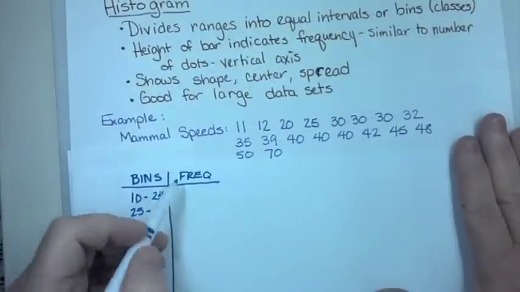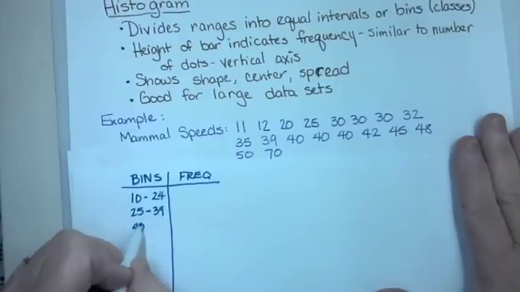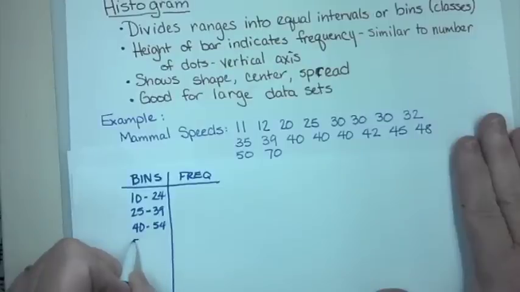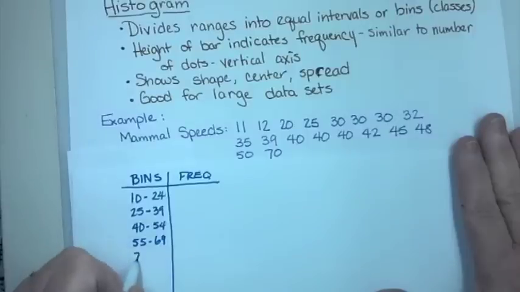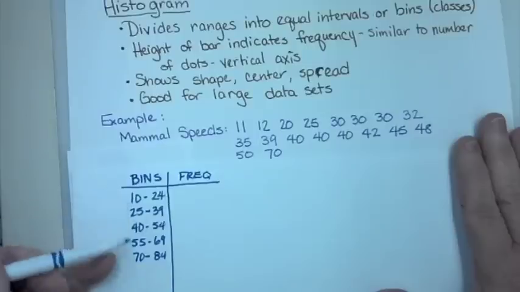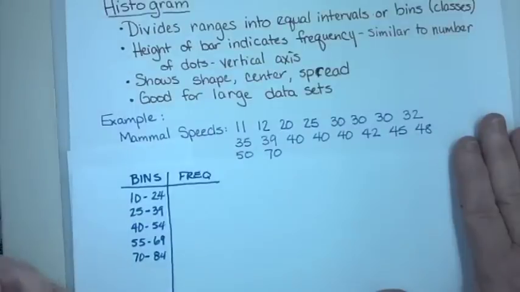And I go from 25 to 39, 40 to 54, 55 to 69, 70 to 84. So in each of my bins, there are 15 values. Now I could have started at 11 and probably ended up with one less bin, but that's okay.